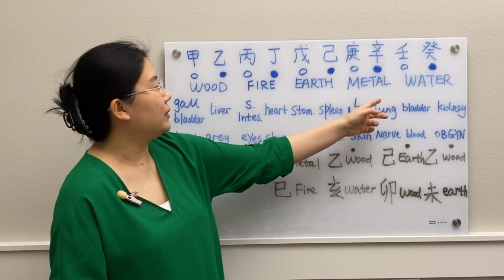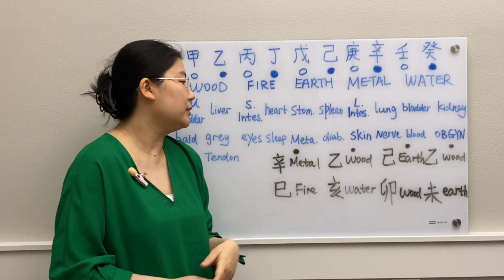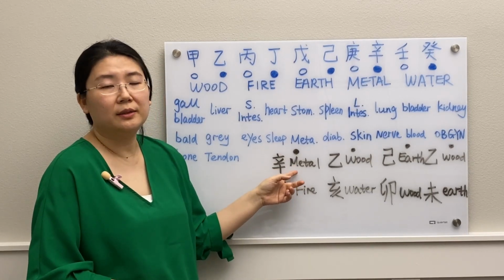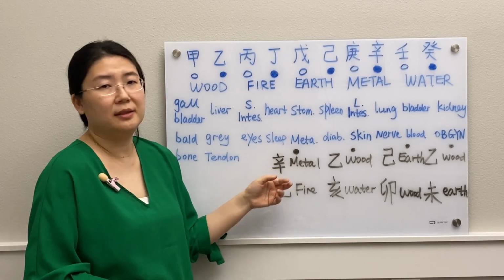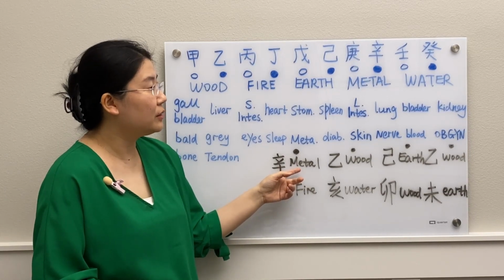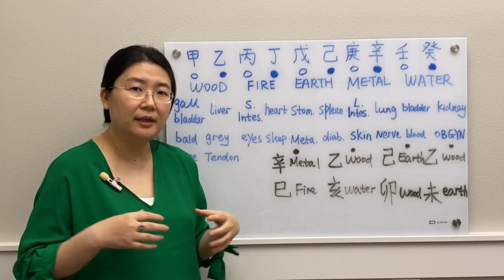Metal represents, as we said earlier, the lungs and nervous system, right? So I would say to watch out, there's a potential health risk seed planted in this BaZi chart. I don't know if it's lung issues or nervous system issues, but it's in that general category.